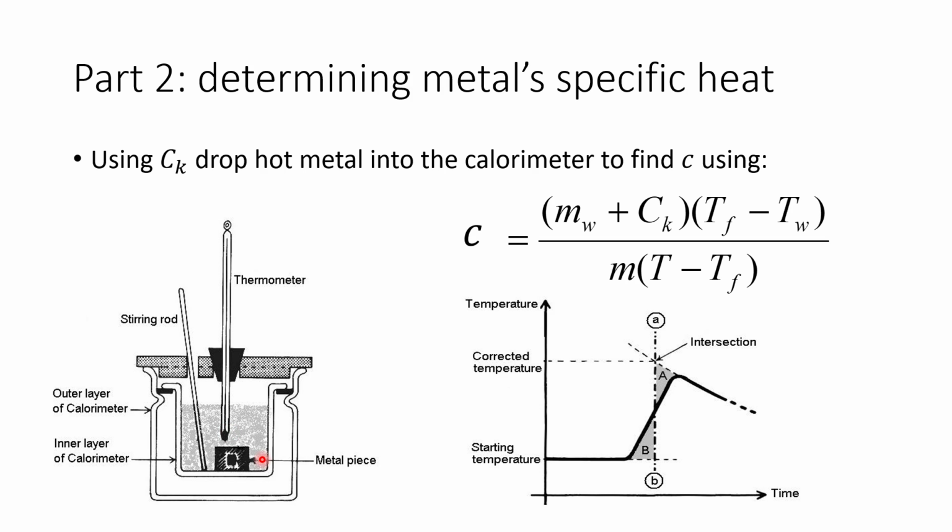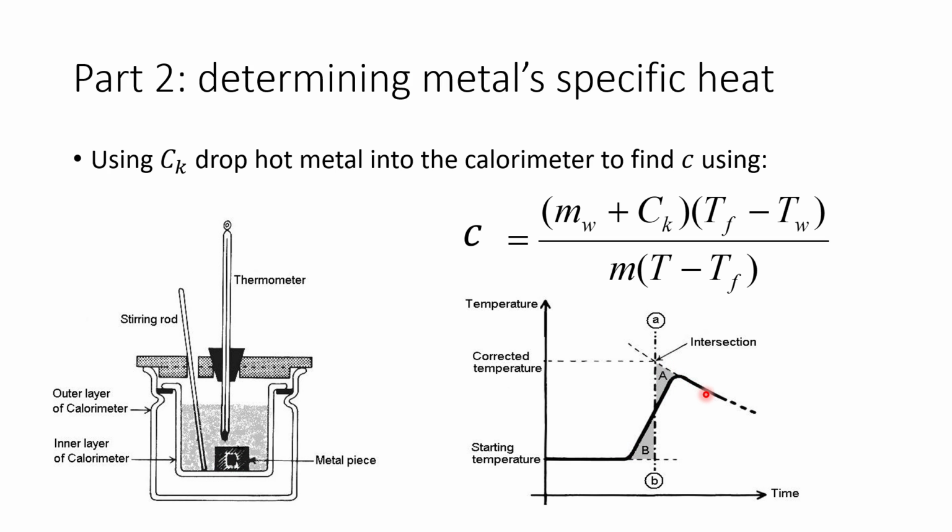Then you drop the metal piece at the minute mark of 5, and the temperature is going to start increasing sharply. That sharp increase is going to go up there, and then it's going to start slowing down as time progresses. So you could theoretically do the same thing.